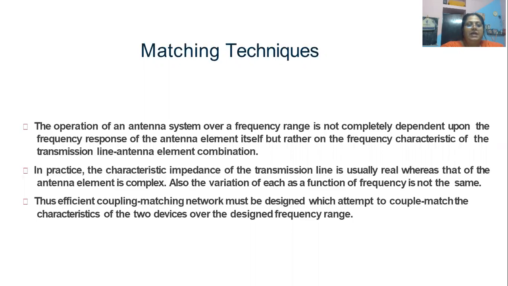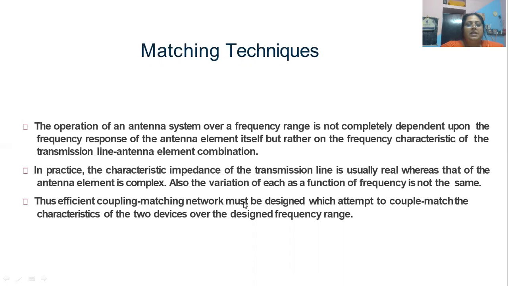So the transmission line impedance is real and we have to match it with the impedance of the antenna, which is complex in nature. Also, there will be a variation of frequency between these two elements. Thus, an efficient coupling matching network must be designed which attempts to match the characteristics of the two devices over the desired frequency range.